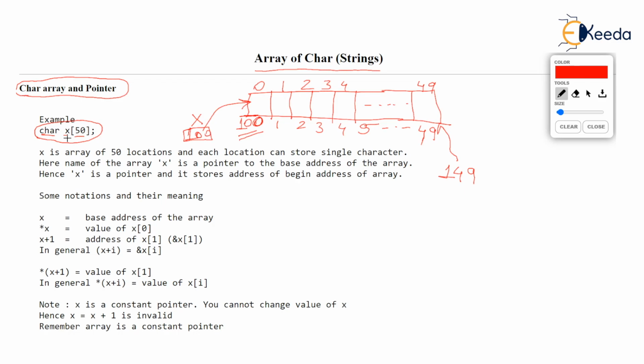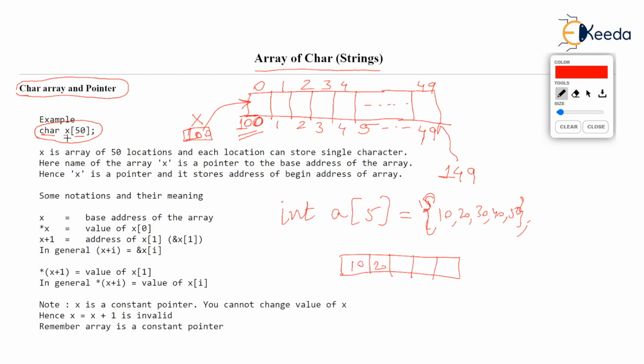All these features we knew when we learned arrays and pointers with integer arrays. We saw that if we have int a[5] equal to, in the brace brackets, 10, 20, 30, 40, 50, then a is a list of 5 integers storing 10, 20, 30, 40, 50, and obviously the indexes are 0 to 4, but there is some base address of the array, and this base address is stored in a.